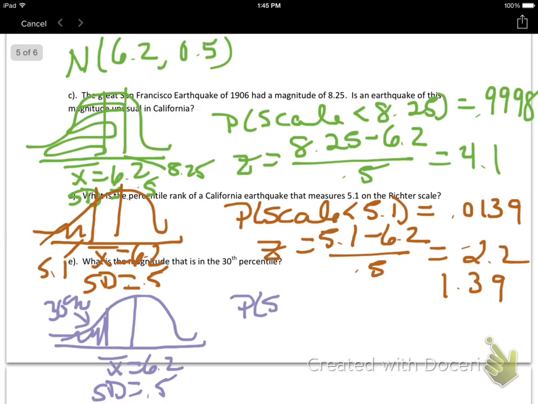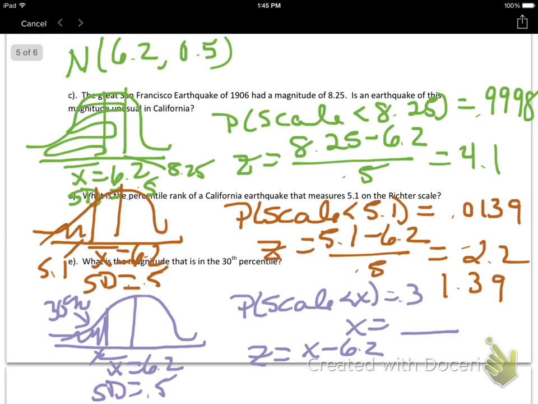So the probability that the scale is less than x is equal to 0.3. I need to put an x there. So I need to find out what x is equal to. Meanwhile, my z-score is going to be x minus 6.2 divided by 0.5 is equal to, now I'm going to go find 0.3 in my chart, and I get negative 0.52.